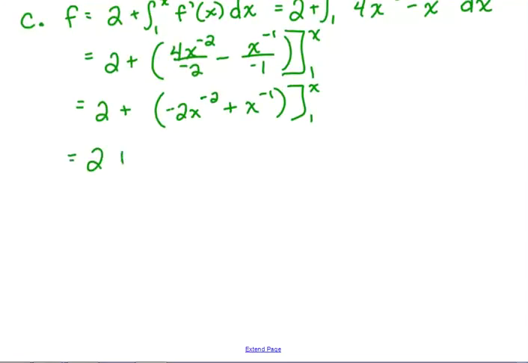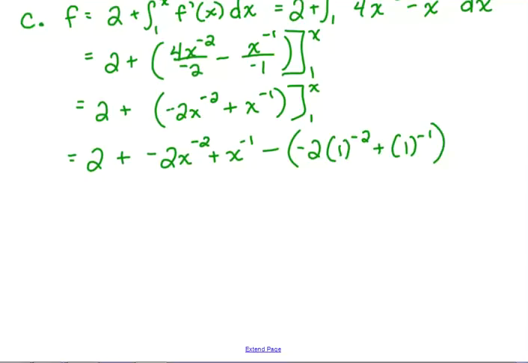When we plug in our x, we get what is there, minus, let's plug in 1. Negative exponents, don't get bent out of shape over that. Remember, it just moves it to the denominator.